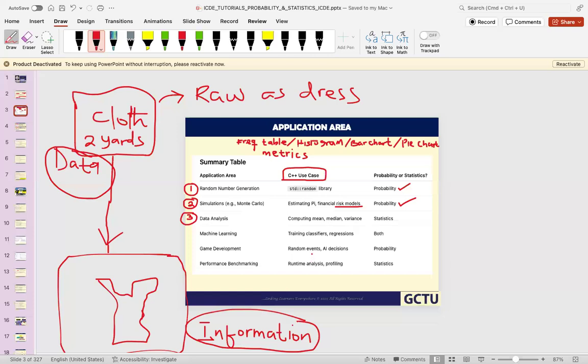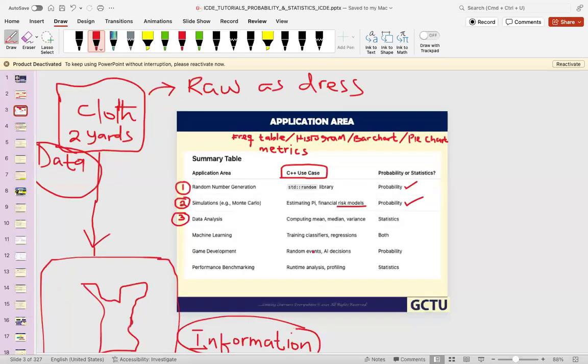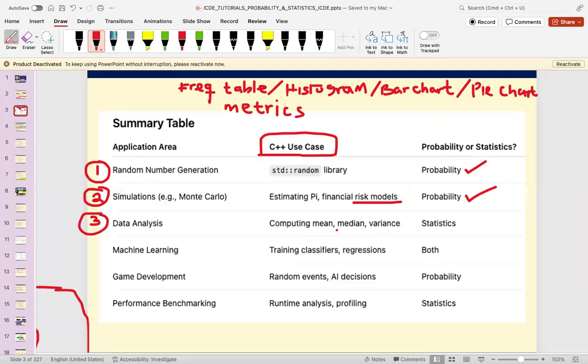So the third one, data analysis, we will be computing some metrics like the mean, the median, and the variance of data. And when we start, you really understand the use of probability or statistics. So in that sense, statistics is used when you are doing data analysis. Then there is this popular area also called machine learning, where you are going to train something called classifiers.